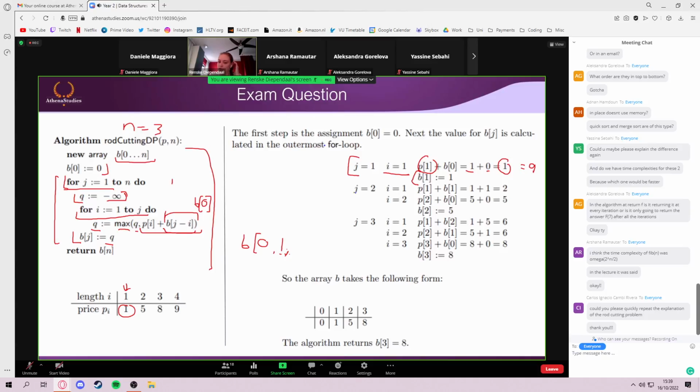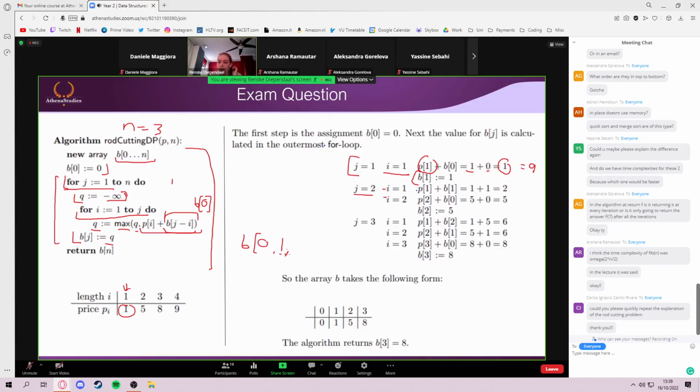So we move on to j is 2. We reset the q to minus infinity, because remember we gave q the value 1 now. So it is minus infinity. Then we say for i it's 1 to j. So now we have two cases, right? Because now we have a rod of length 2, and we can either do the first cut at 1, or do the first cut at 2. And we want to calculate each case.